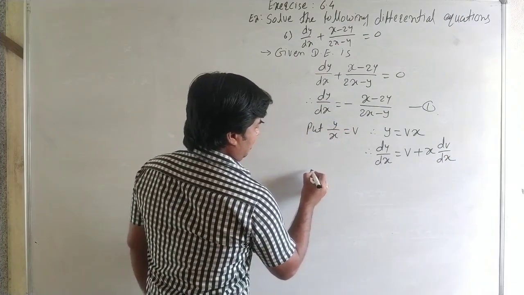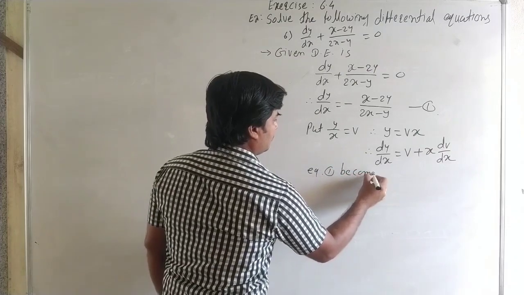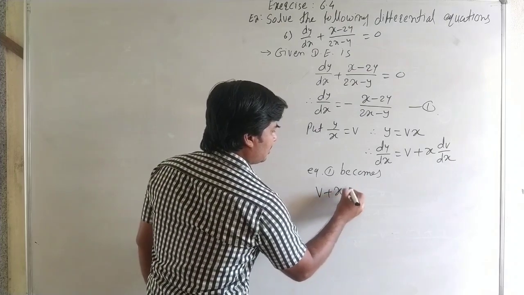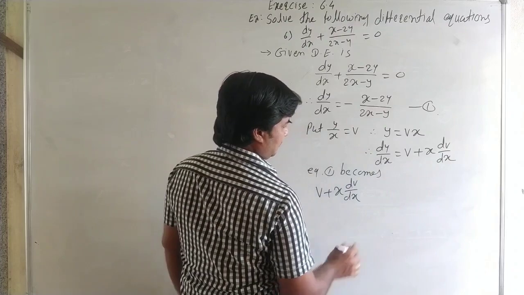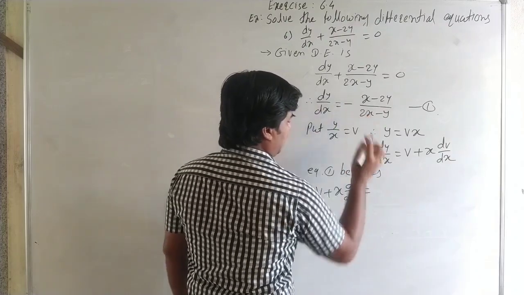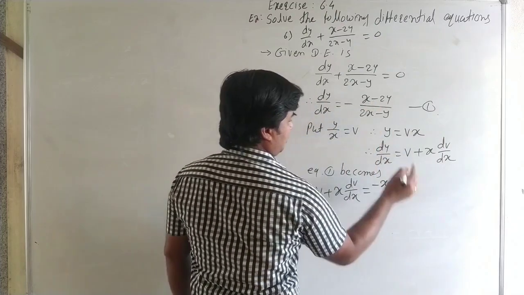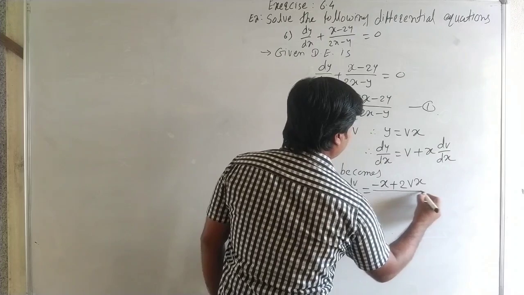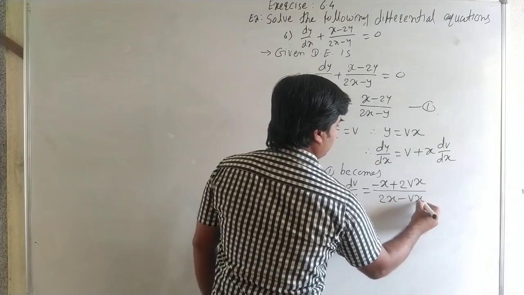Then equation 1 becomes dy by dx, it is v plus x dv by dx is equal to, see carefully, this minus x and it is plus, this minus, it is plus 2y, it is vx upon 2x minus vx.